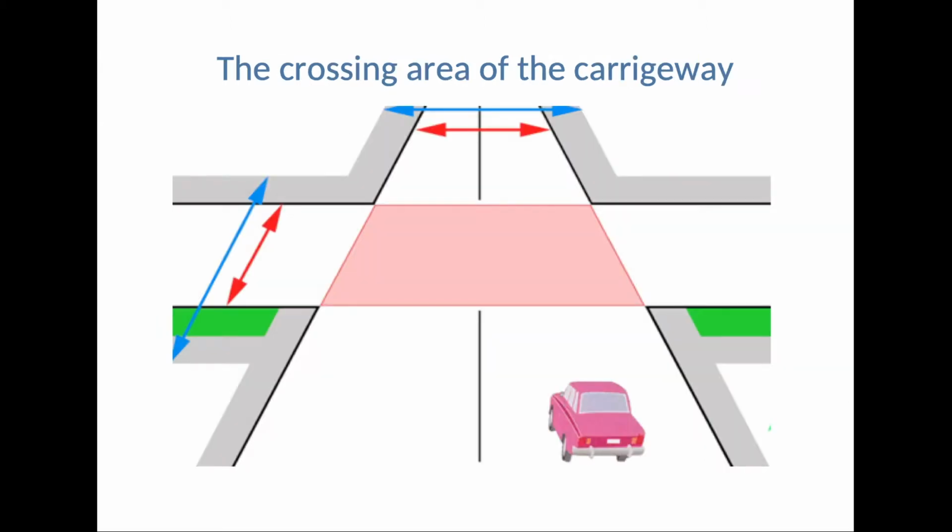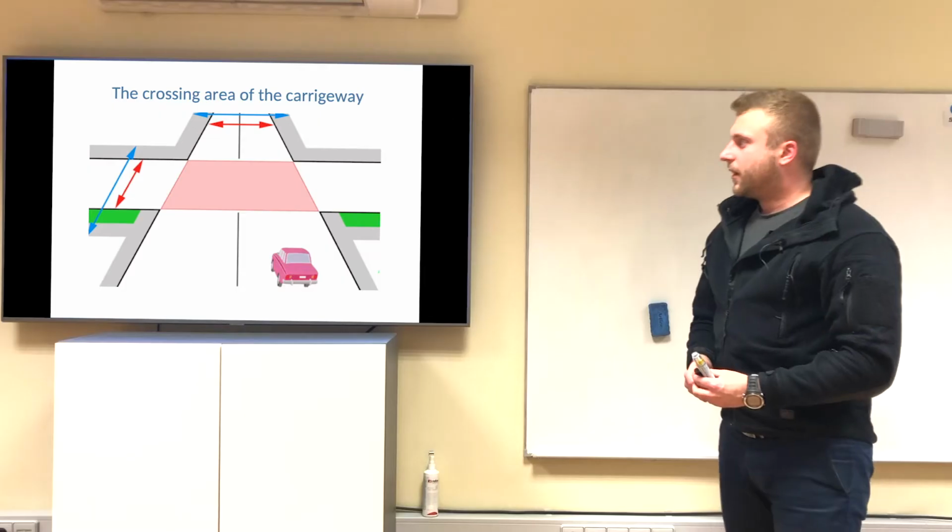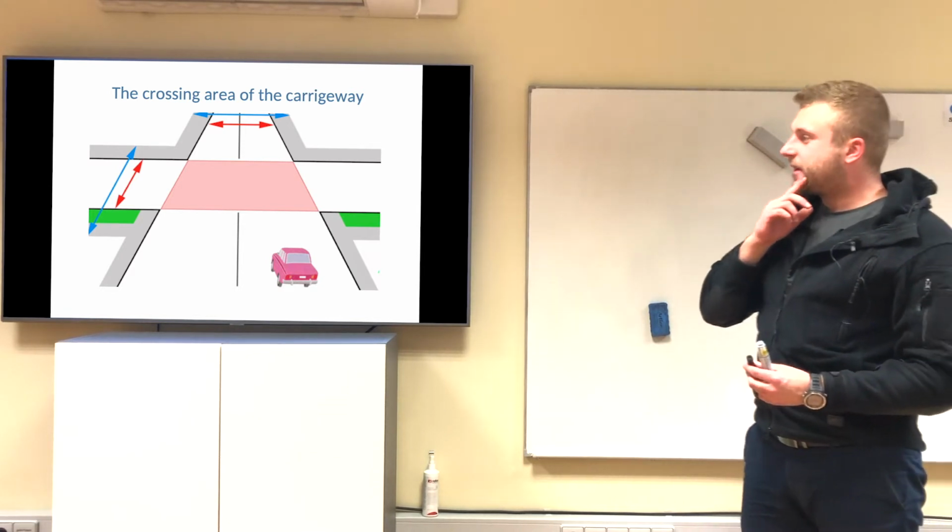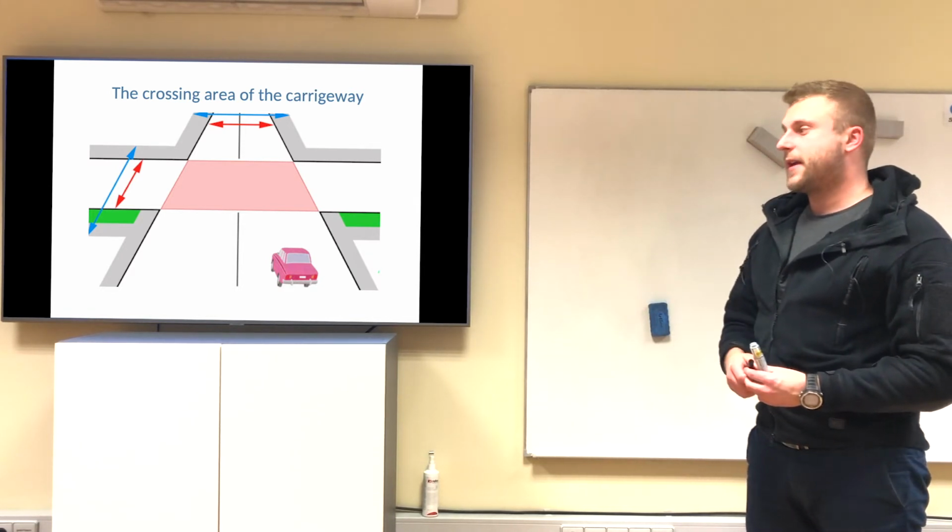But here you see the crossing area of the carriageways. Basically only this part of the road that is used by cars. They cross each other and make this crossing area of the carriageways. I'll explain a little bit later why we need to know that.